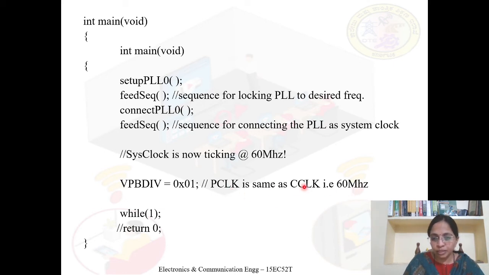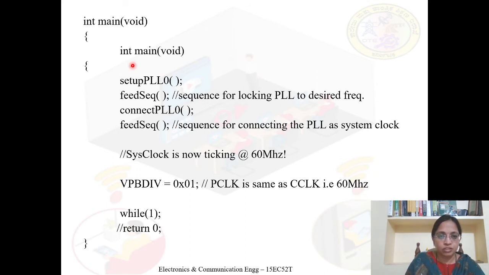To make both frequencies equal to 60 megahertz, we have to use one more register, called the VPB divider register. This register decides the relation between the CPU clock frequency and the peripheral clock frequency. If we want both frequencies to be the same, we write a 1 into this register. By writing 1 into this register, we make both frequencies equal to 60 megahertz.